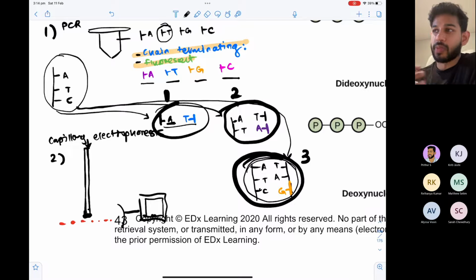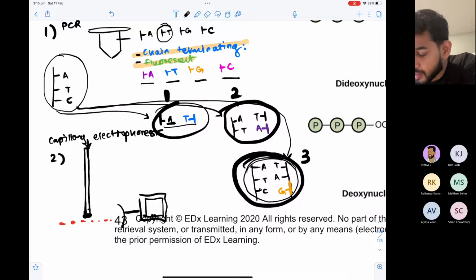Good thinking, right? You might be thinking heavier things will fall down faster, but this is very similar to gel electrophoresis. They move down by a charge, right? So there'll be a negative charge here, there'll be a positive charge here. So again, think of this like electrophoresis, where tiny fragments run faster and they run further down the tube, right?